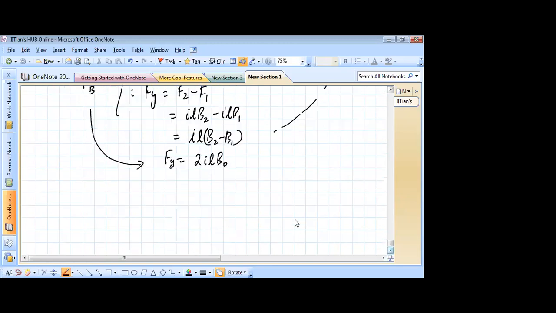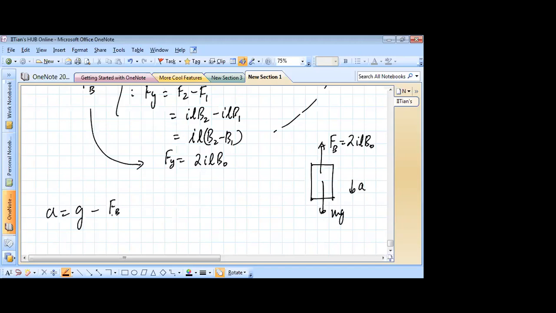Now coming back to the FBD of the loop, you understand that there is some net magnetic force acting like this, which is 2 times I L B0, and mg. So this will give us the expression: g minus magnetic force divided by mass, so g minus 2 I L B0 divided by mass.